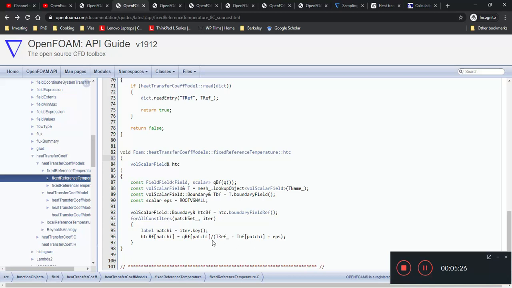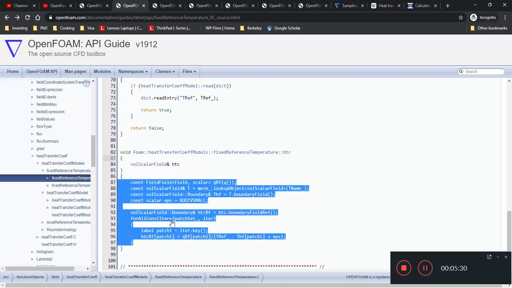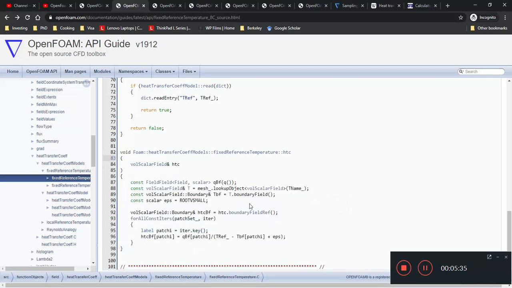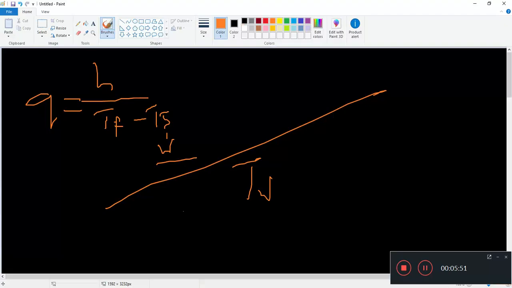If you take a look at this part where it talks about the heat transfer coefficient model, it's going to generate a set of constants, and this one should be pretty straightforward. It says the heat transfer coefficient for whichever patch i, which is the little cell you're talking about. Remember we discretize into cells, many cells, which can be of arbitrary shape.